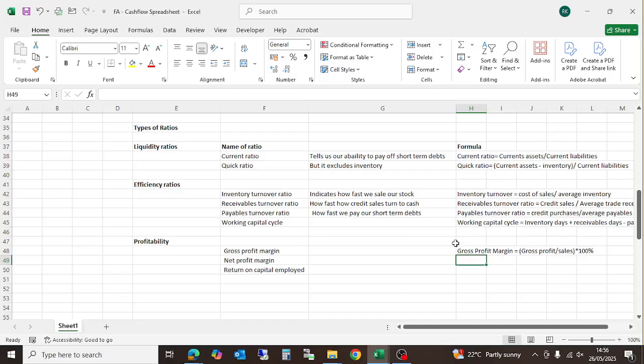Then here, the net profit margin, we get our net profit divided by our sales multiplied by 100%, like this.